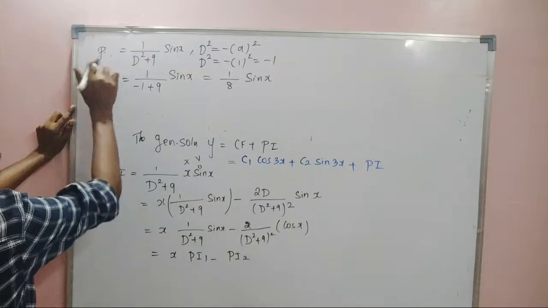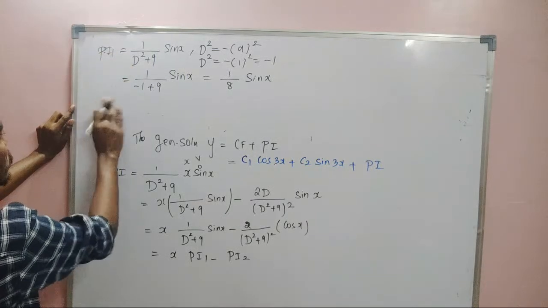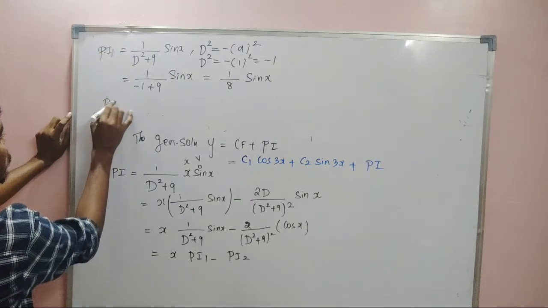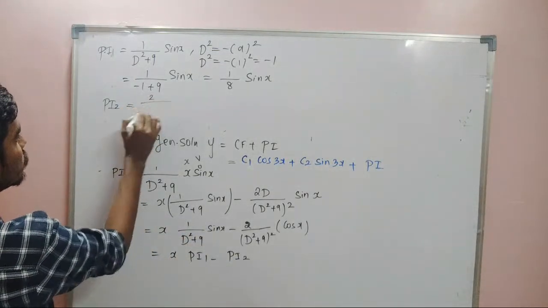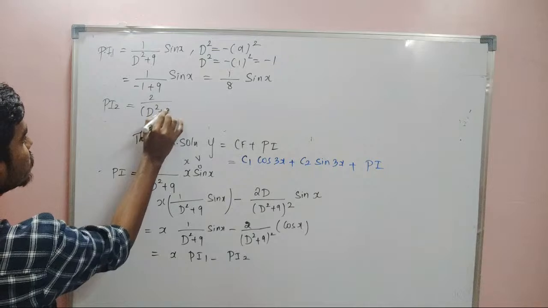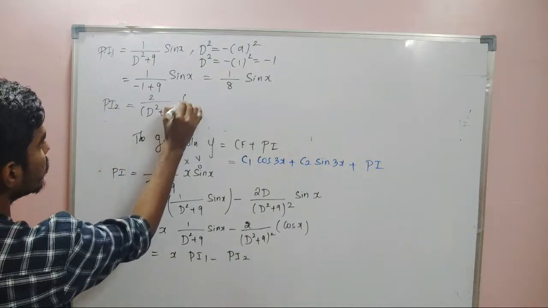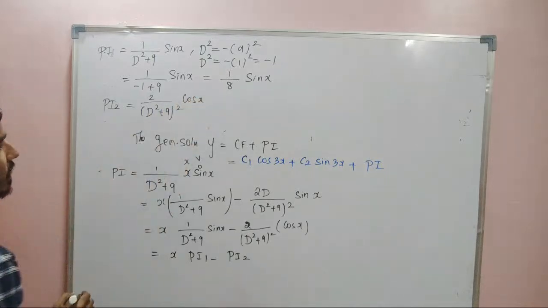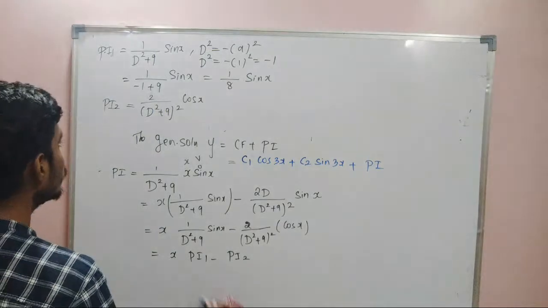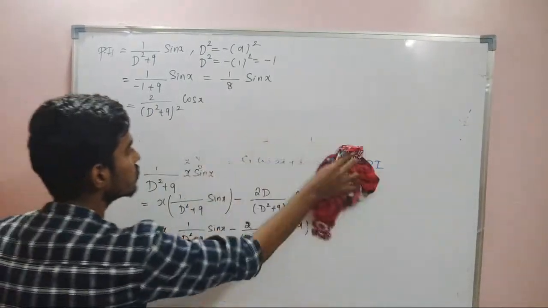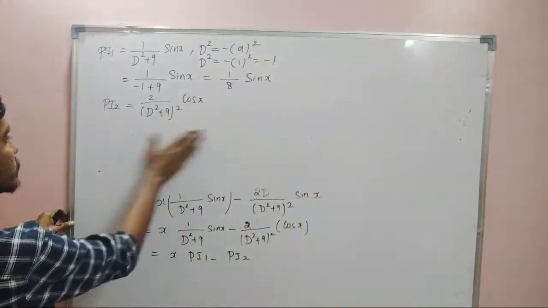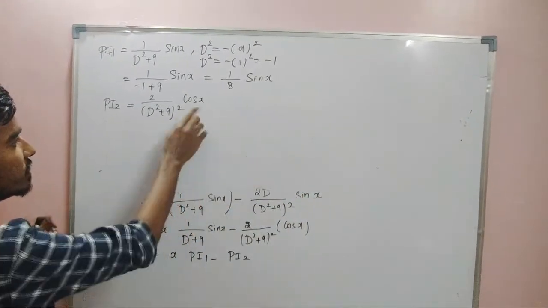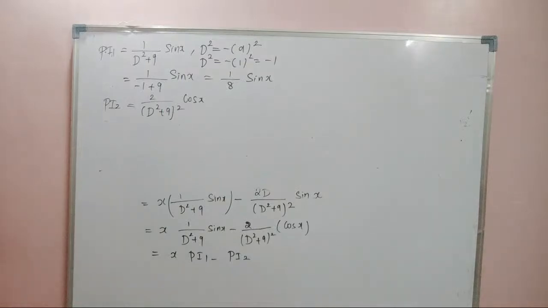So what is PI2 now? PI2 is 2 by D square plus 9 whole square into cos x. Again you can see this is a type 2 integral because the RHS is of the form sin ax or cos ax. Again we will replace D square by minus a square.